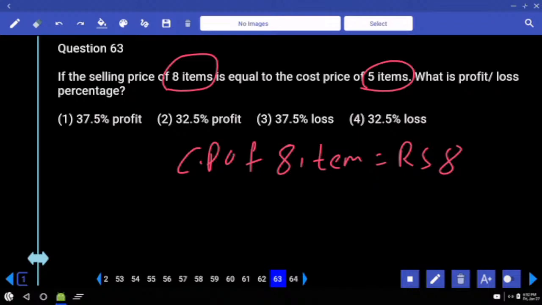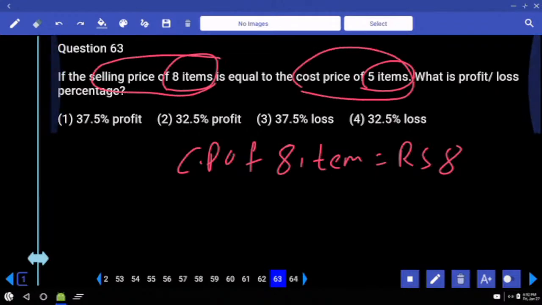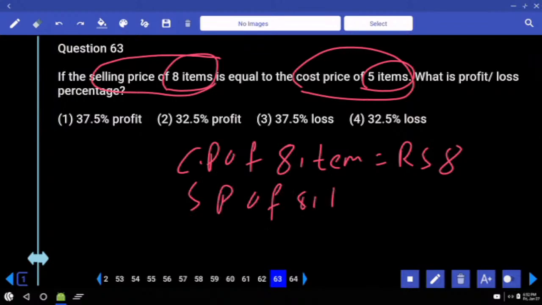But we know that, what is the cost price of 5 items then? ₹5 only. Yes or no? He is saying this selling price of 8 items is equal to cost price of 5 items. అంటే SP of 8 items is what? ₹5. Yes or no? ఎందుకంటే he is saying selling price of 8 items equal to cost price of 5 items. We just now, you only told by yourself that cost price of 5 items is ₹5.